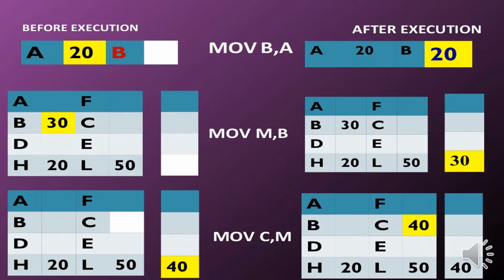So the memory content at 2050H is altered: the previous value is replaced by the new value 30 from the B register.